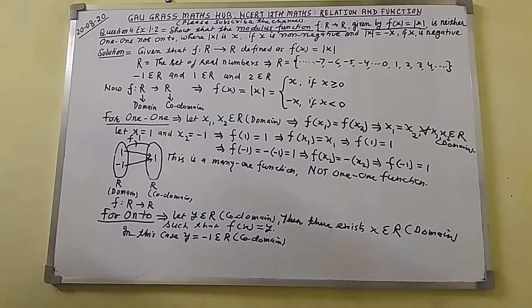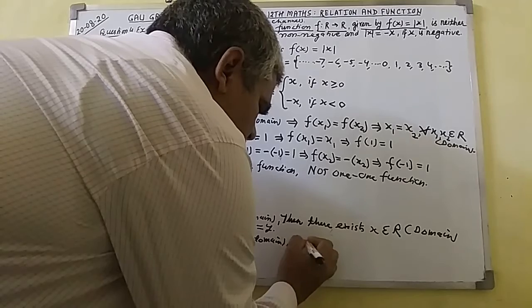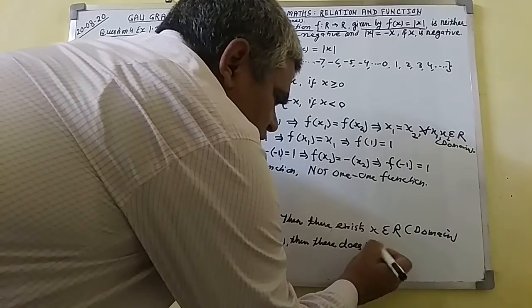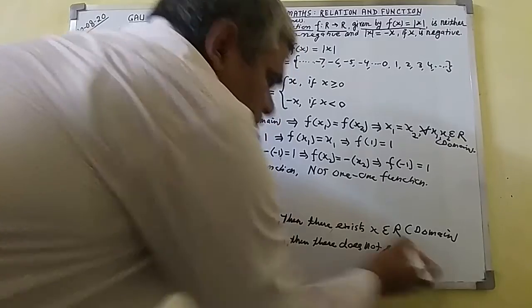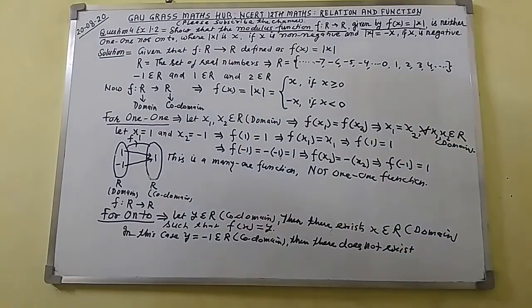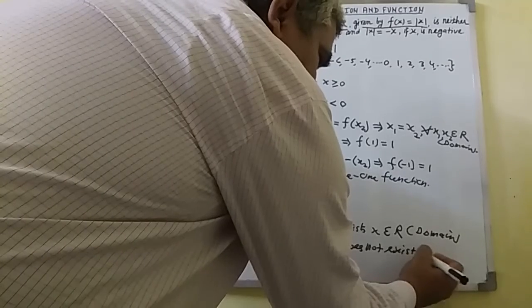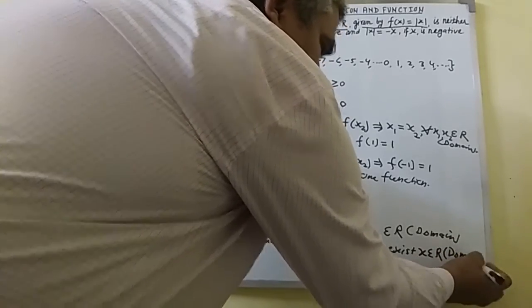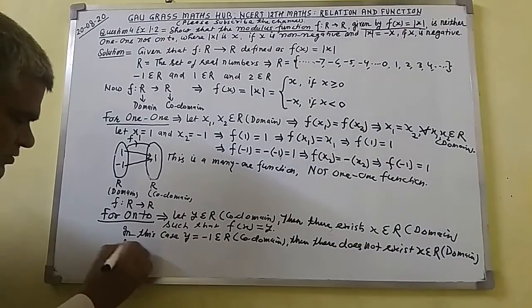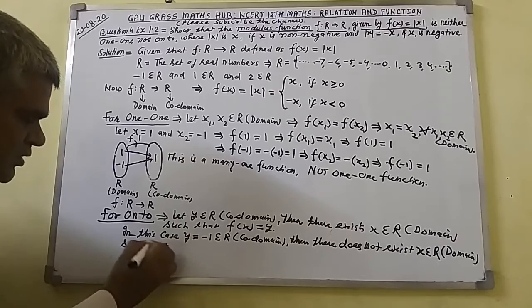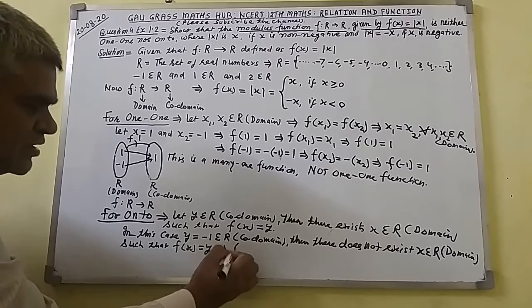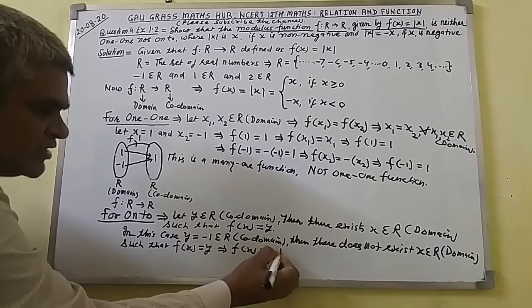Then there does not exist x belonging to capital R domain such that f of x equal to y, which implies f of x equal to -1.